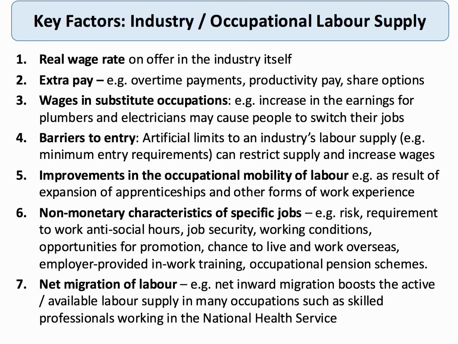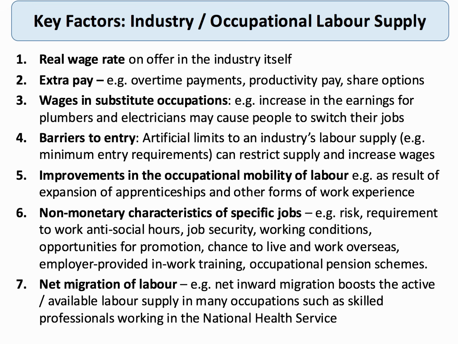And we also think about some of the non-monetary or the non-wage characteristics of certain jobs. Some jobs have, if you like, a non-wage risk factor. So the inherent safety risk required, or perhaps the requirement to work regular antisocial hours.